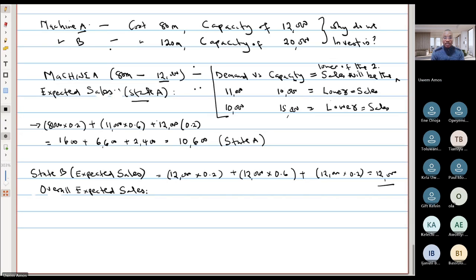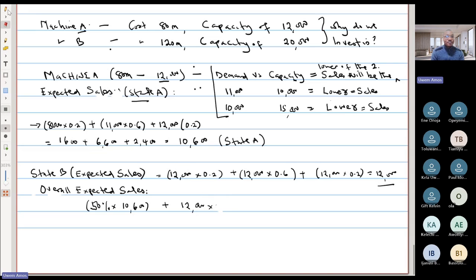So expected sales for state A is 10,600. It has a 50% chance of occurring because they both have equal chance of occurring. The expected sale for state B is 12,000. It has a 50% chance of occurring.